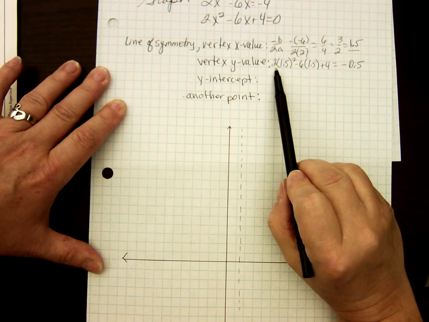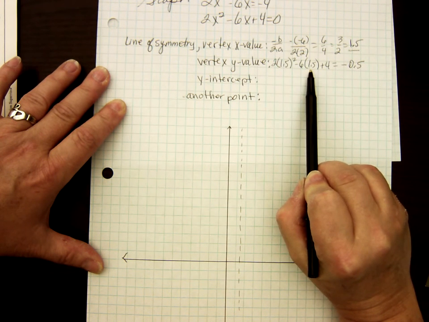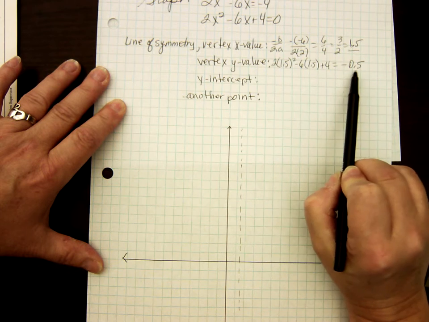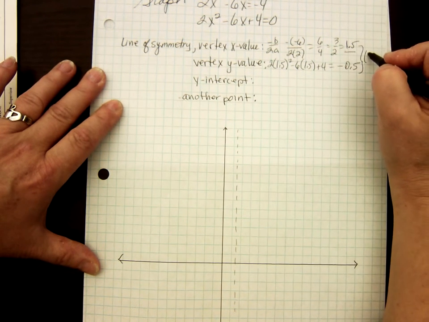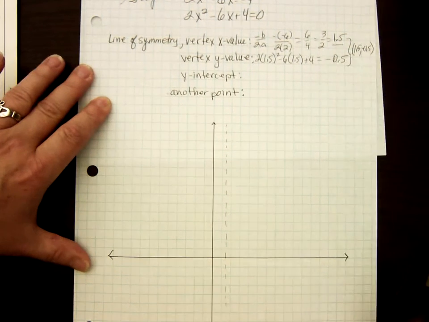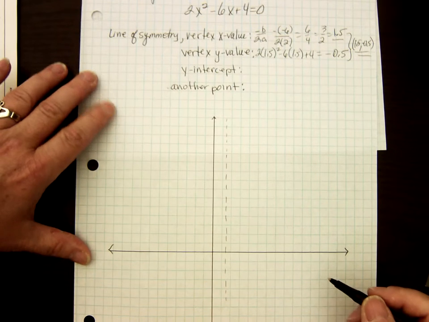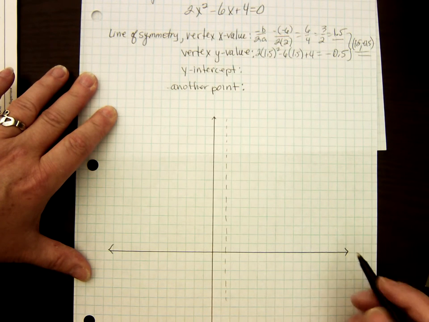And 2 times 1.5 squared minus 6 times 1.5 plus 4 equals negative 0.5. So the point of the vertex, the coordinates, is 1.5 for x and negative 0.5 for y.